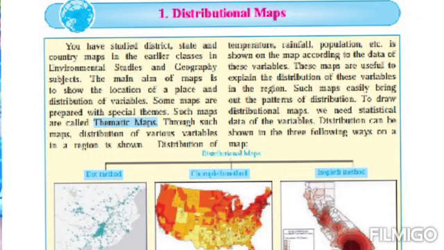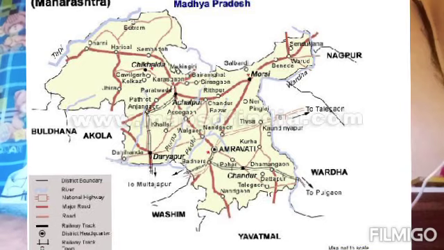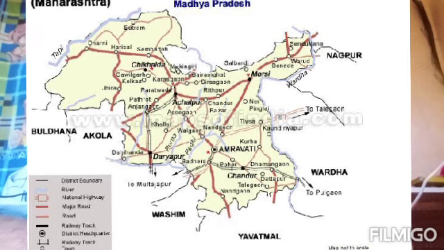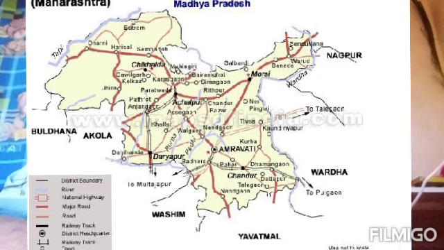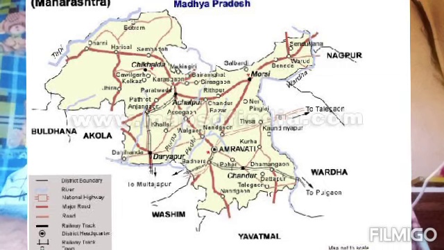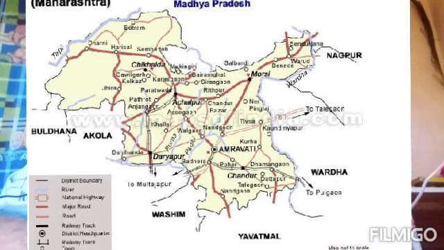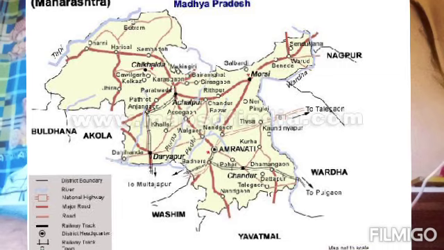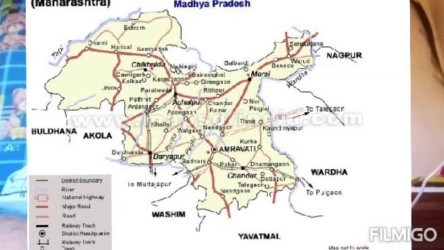Now I am going to show you some maps on the screen. This is the political map of Amravati district. In political maps you can see the district headquarters, taluka locations, important places in Amravati district, roadways, highways, railways, etc. So a political map is very helpful for us to know these places.